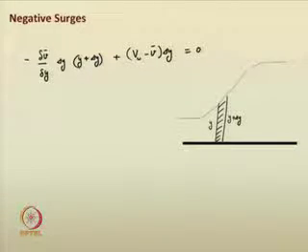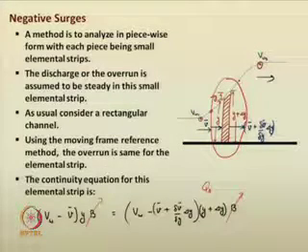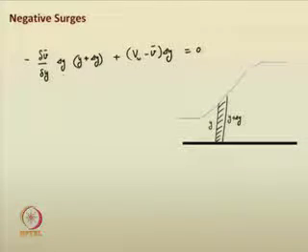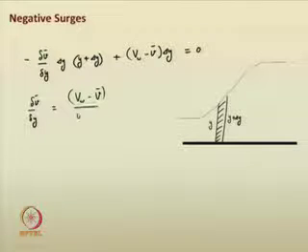You can go through them again, the quantities get cancelled off, and I can write it in the following form. Delta V bar by delta y is equal to V w minus V bar by y plus delta y.